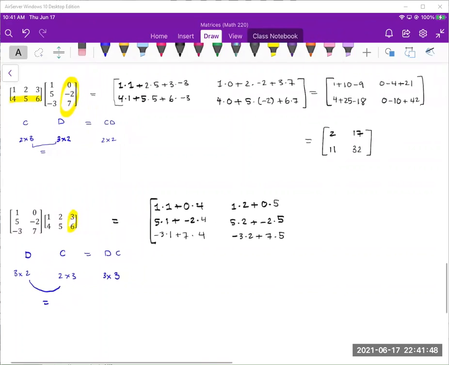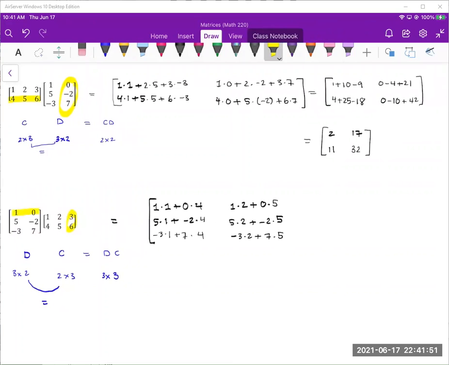So in row 1, column 3, our entry is going to be 1 times 3 plus 0 times 6. Row 2, column 3 is going to be 5 times 3 plus negative 2 times 6. And then row 3, column 3 is going to be negative 3 times 3 plus 7 times 6. All right. And now we're just going to do this arithmetic.